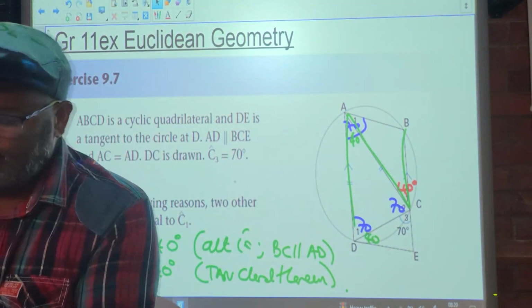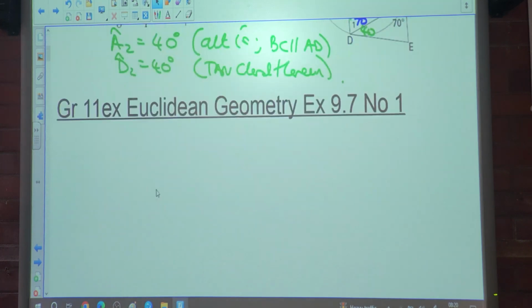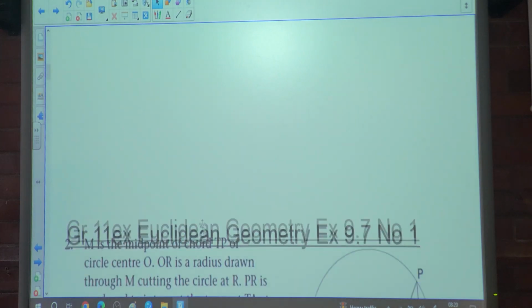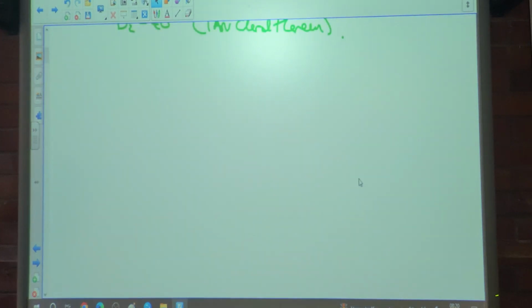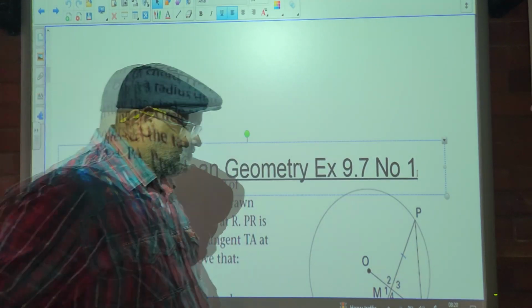The idea is to do at least 4 sums per video, so that the video is not too short or too long. At this point we are doing number 2. Did you complete number 1? Yes. So we're looking at number 2.